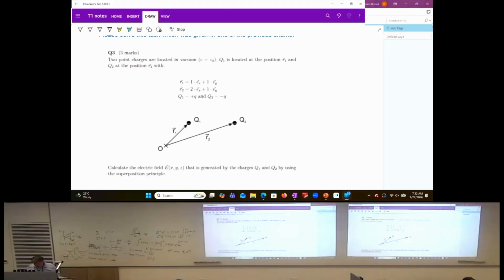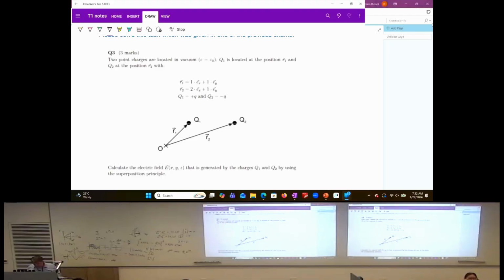And then we have charge Q1, which is located at the position R1, given here as R1 equal to 1 times Ex plus 1 times Ey. Then we have a second charge Q2, located at R2, which is 2 times Ex plus 1 times Ey.